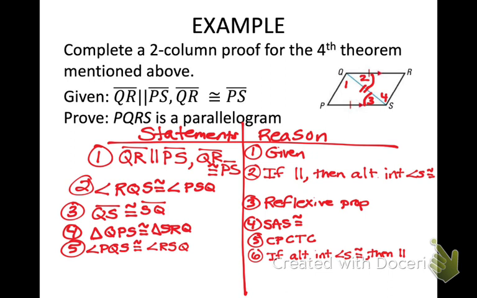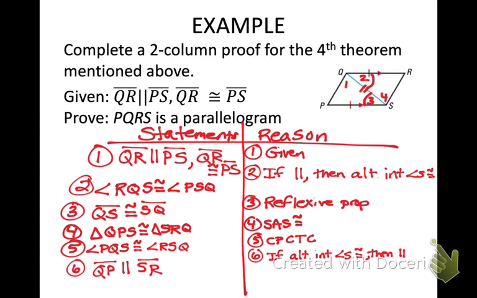Because these are alternate interior angles that are congruent, then my lines must be parallel. So over here in line 6 on the left, I need to name those parallel lines, which would be QP is parallel to SR.